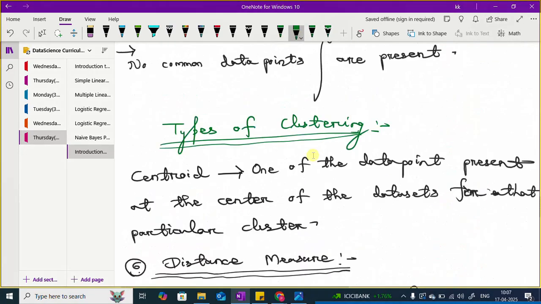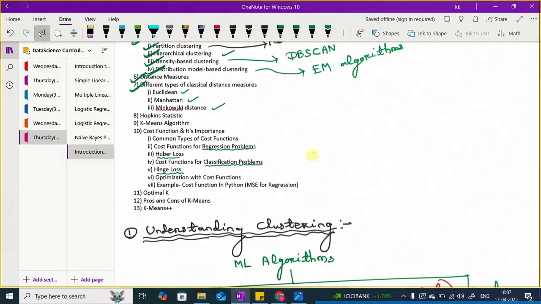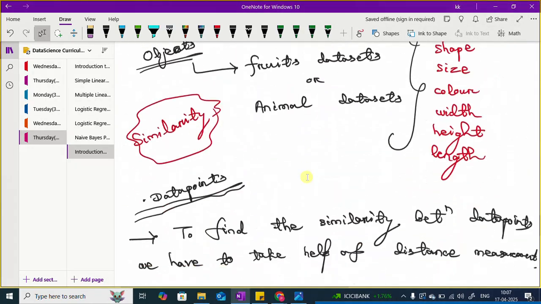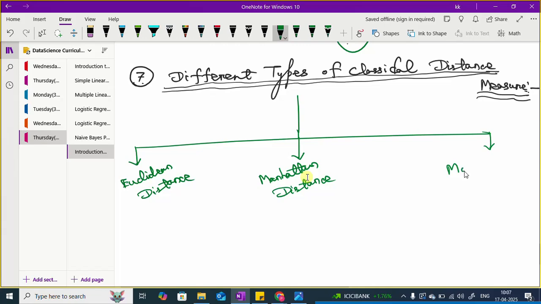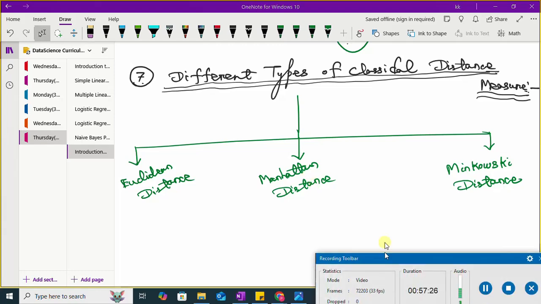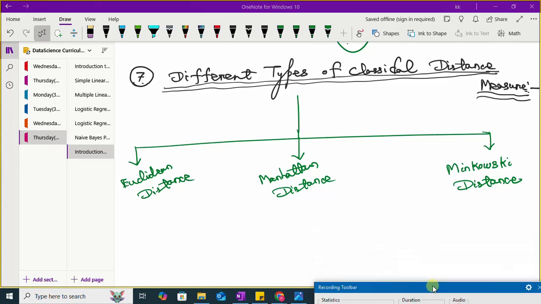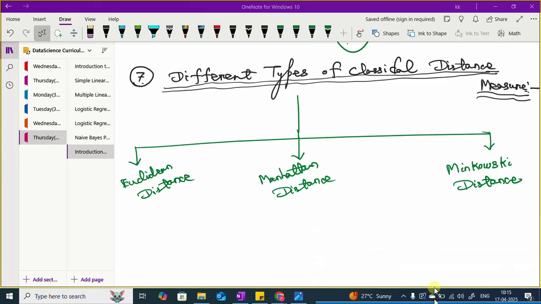Third one, Minkowski distance, right? Okay, now let's take a small break. Once we come back, we'll continue from here onwards. Now, coming to the distances, let's see what the different formulas are, and I'll explain one by one.